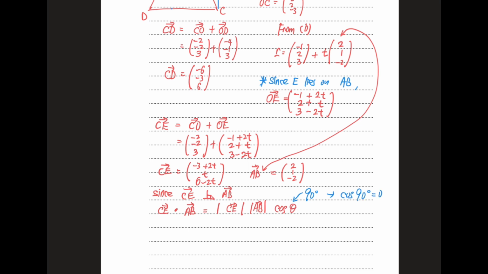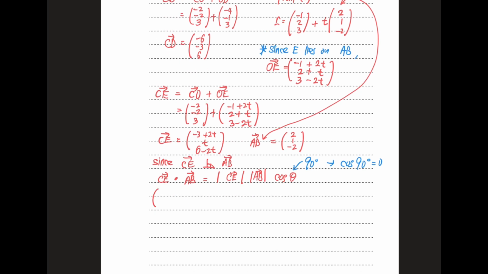So everything on the right hand side becomes 0 already. So we just need to care about the left hand side. Okay, so let's work it out. We want to find t basically.